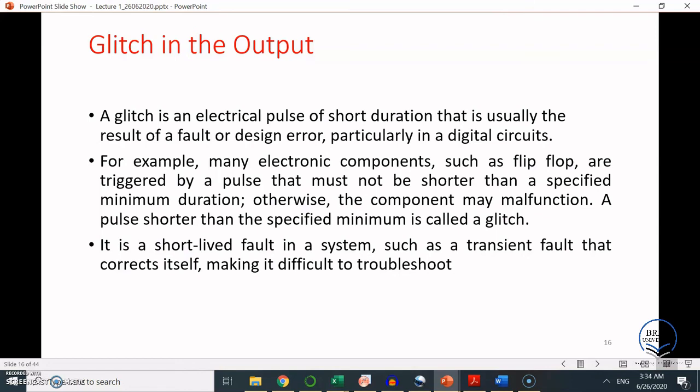For example, many electronic components such as flip-flops are triggered by a pulse that must not be shorter than a specific minimum duration. Otherwise, the component may malfunction. A pulse shorter than the specified minimum is called a glitch. It is a short-lived fault in a system, such as a transient fault that corrects itself, making it difficult to troubleshoot.